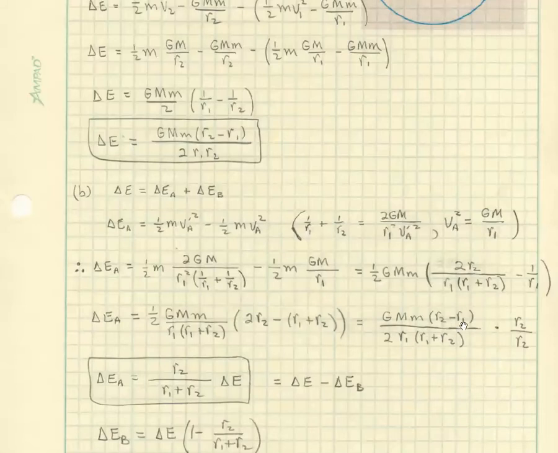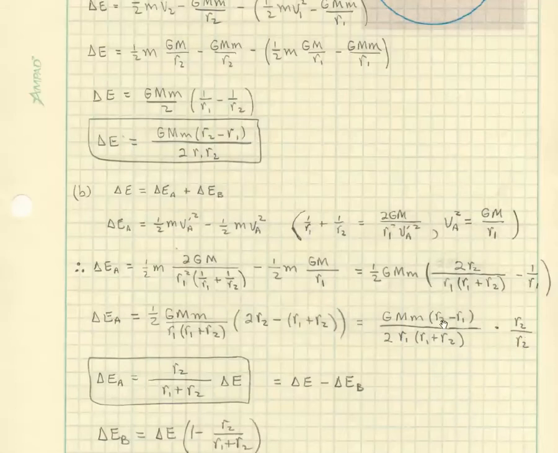We can go through, and if you notice the GMm times r2 minus r1 over 2 r1 r2, there's the 2r1, and I multiply by r2 over r2.